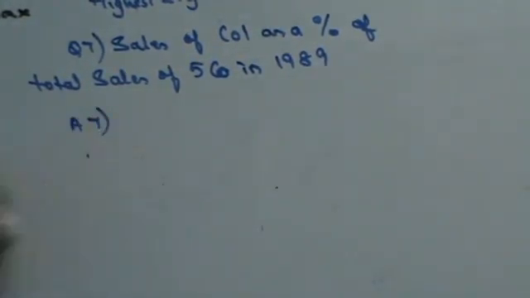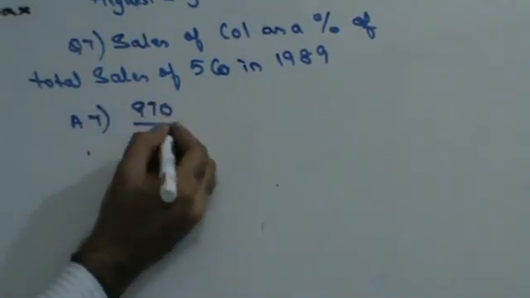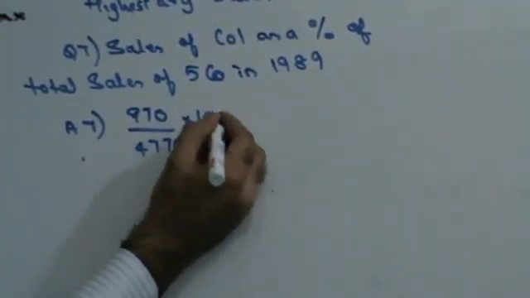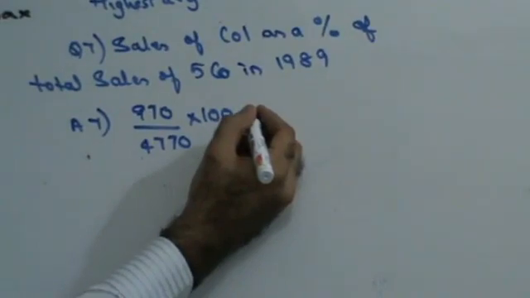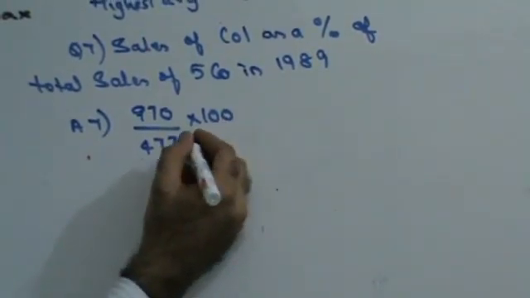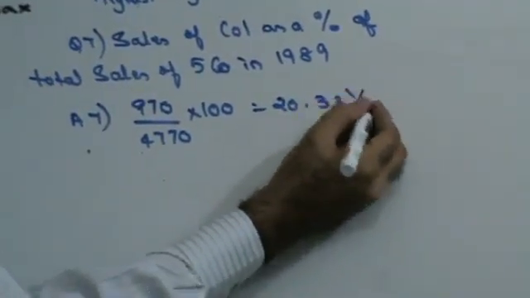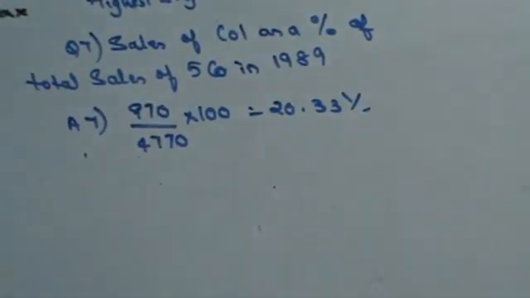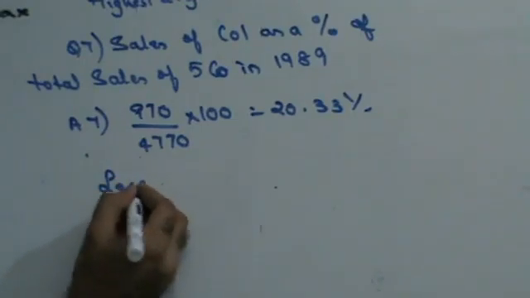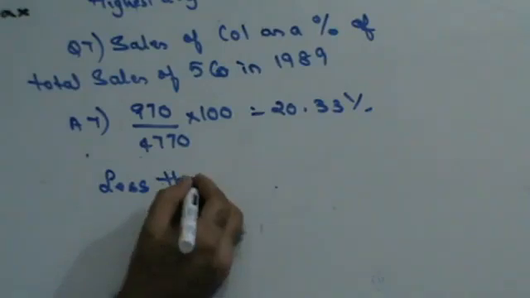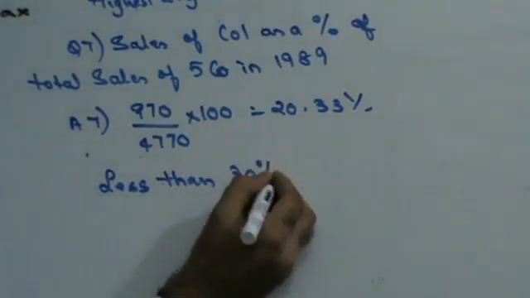Very simple. Sales of company 1 in 1989 is 970. Total sales in 1989 is 4770, into 100. So this should work out to be, someone work this out please. 20.33, right? Which will work out to be less than 30%. So there you have to find out whether it is less than 30% or greater than 30%. So this is less than 30%.